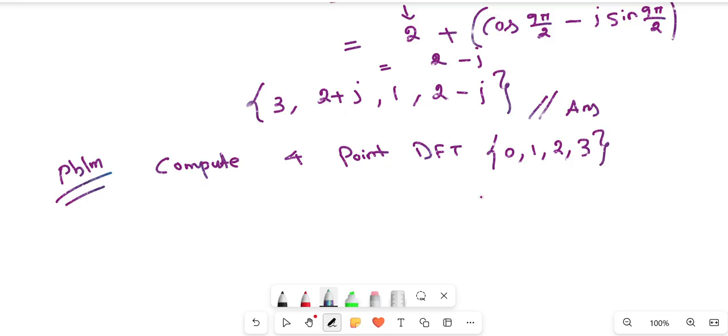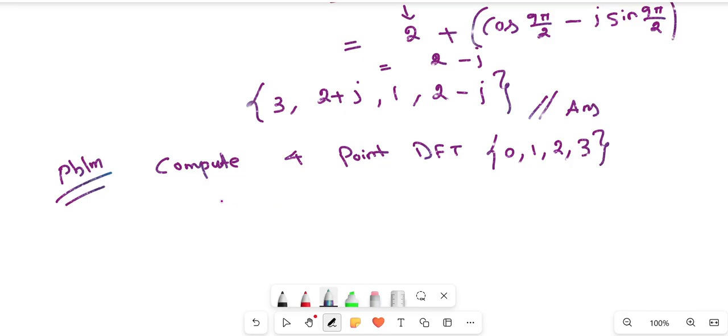And here the convolution by using matrix method. I will explain the matrix method also, how to do the 4-point DFT by using matrix method. So that also I will explain.